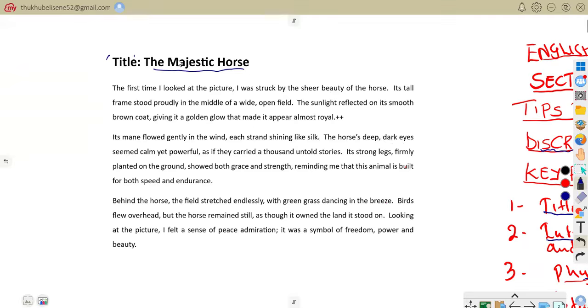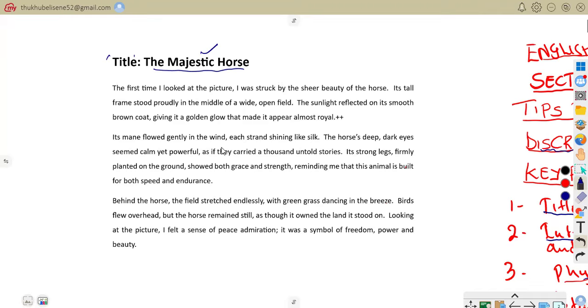So we are saying the majestic horse, the beautiful horse, the majestic horse. So that is very important. Remember, we said the title should capture the subject. So here, this is it: The Majestic Horse.